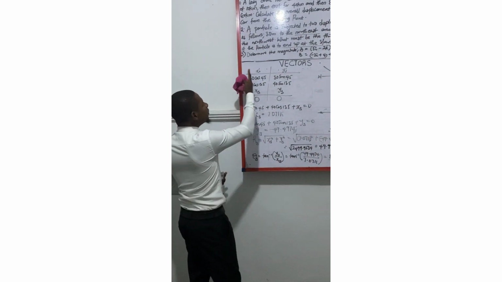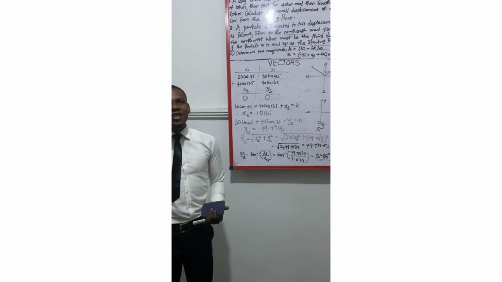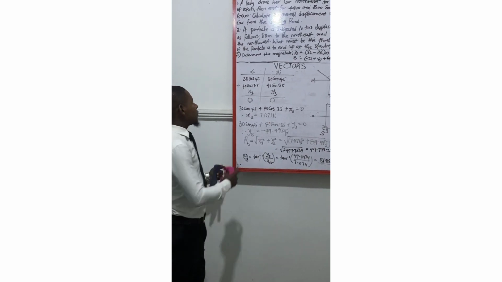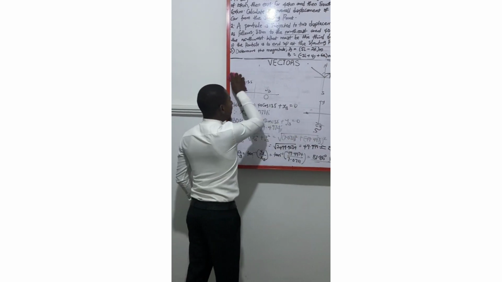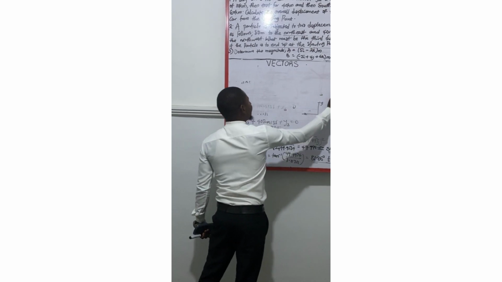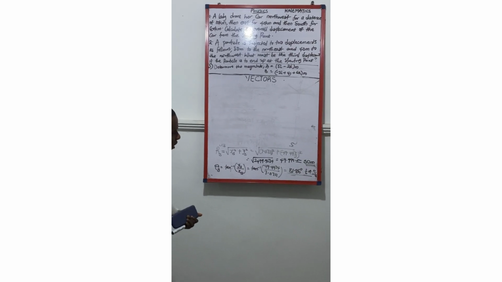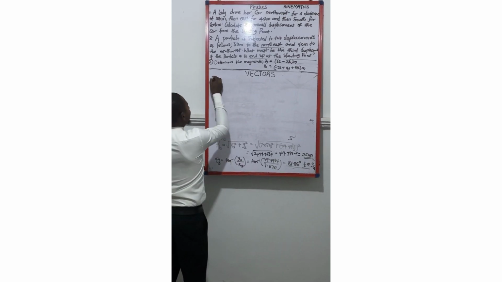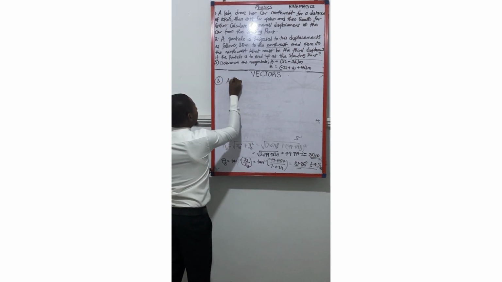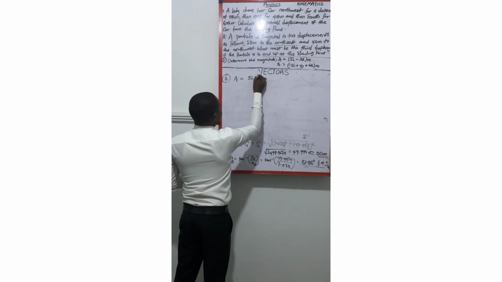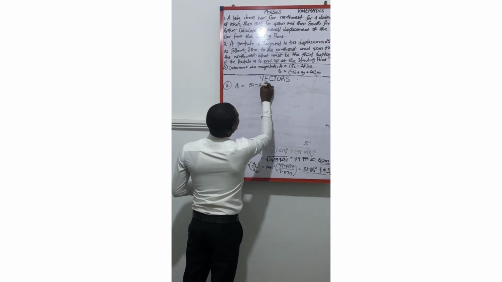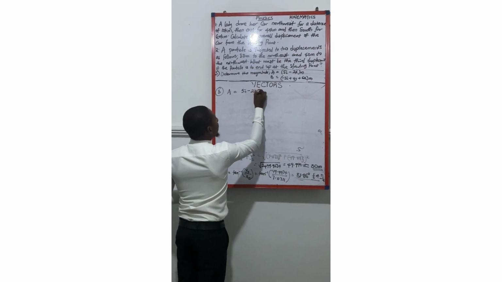And finally, we are asked in this question to determine the magnitude of these given vectors. All right, so I'm going to write it out like a layman. So in this question, you are given, number 3, that vector A is equal to 5i minus 2k in meters.